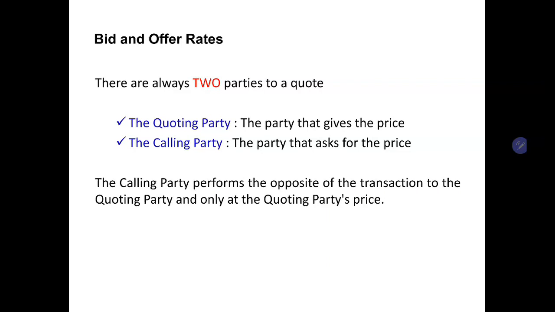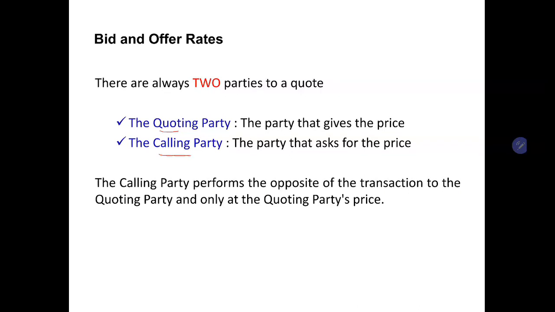There are always two parties in a price quotation. First we have the quoting party, while the other is the calling party. The quoting party is the party that gives the price, normally the bank, while the calling party is the party that asks for the price, normally a customer who wants to sell or buy the currency.